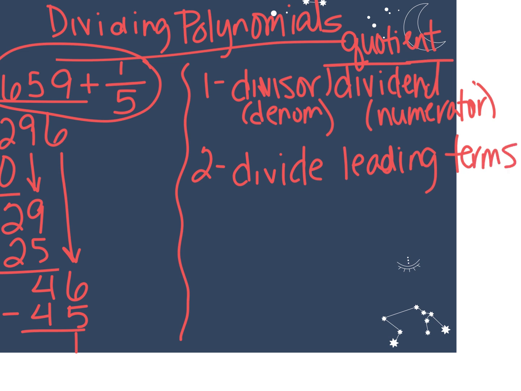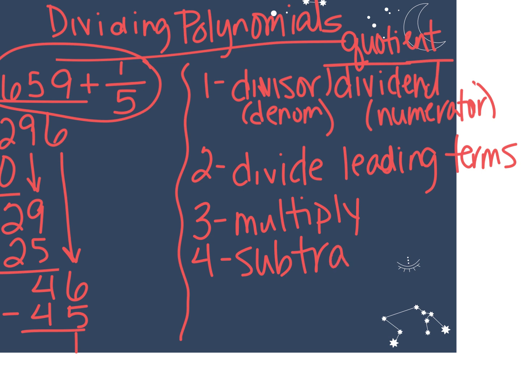Just like we started with the 3 and then we went to the 32, we're going to do that with our long polynomials. We're only looking at those beginning pieces. Then after we figured out how many times it went in, we multiplied. And then we subtracted. And essentially when we're subtracting, we're going to change our signs.